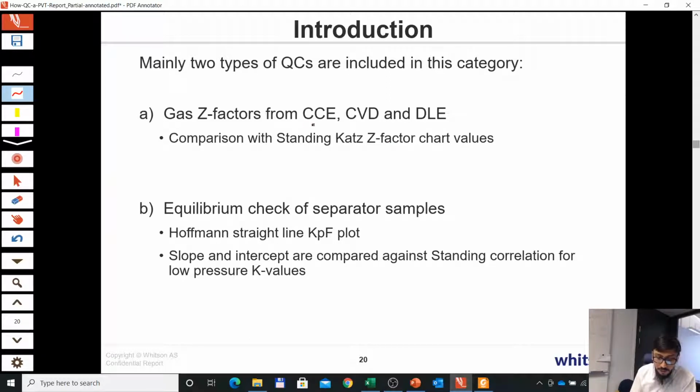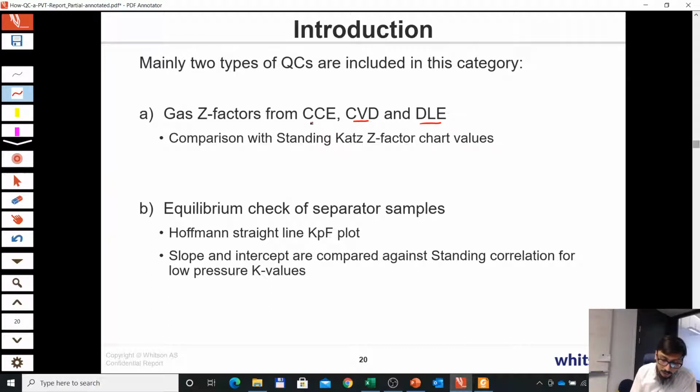The gas Z factors, we know, are reported, for example, in CVD and DLE experiments for all types of fluids. For example, if you have a gas condensate, a volatile oil or a black oil, with a CVD or DLE experiment, there is always the gas composition reported in the experiment.